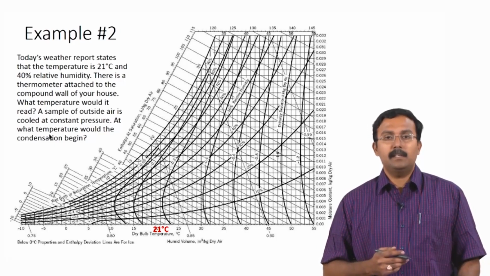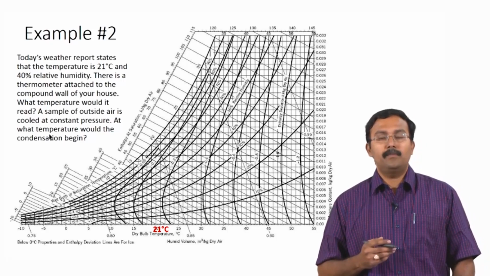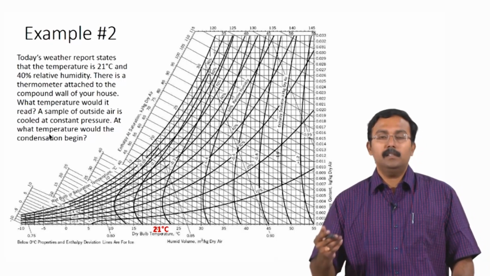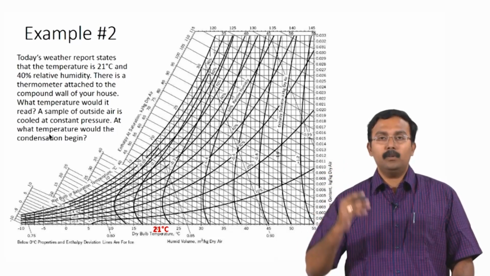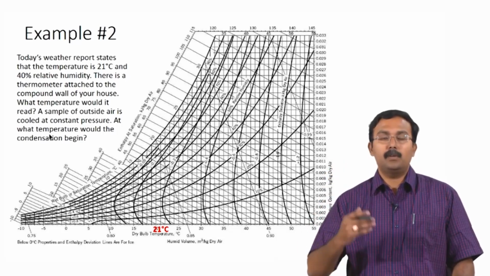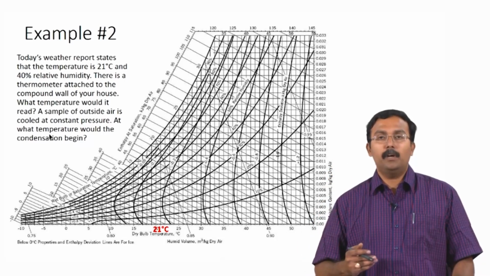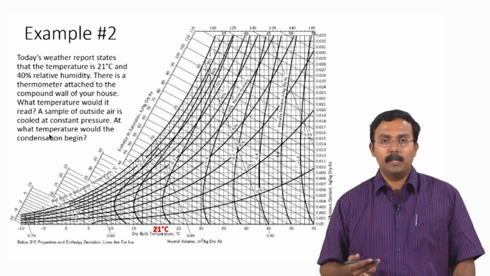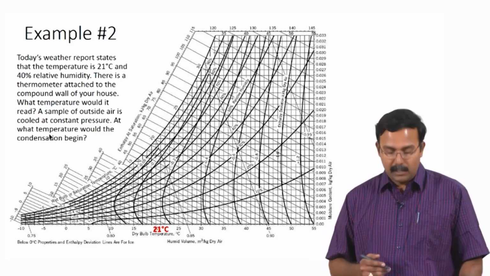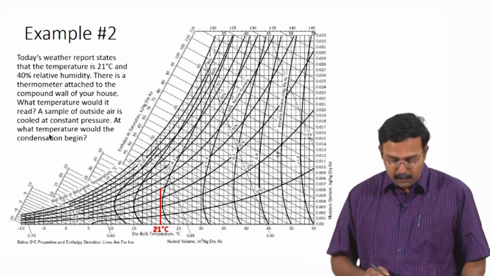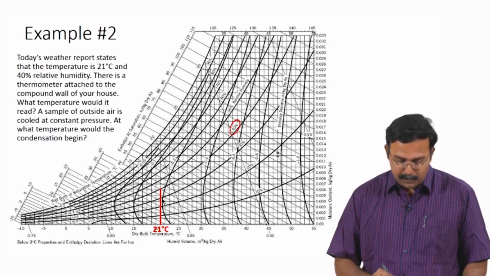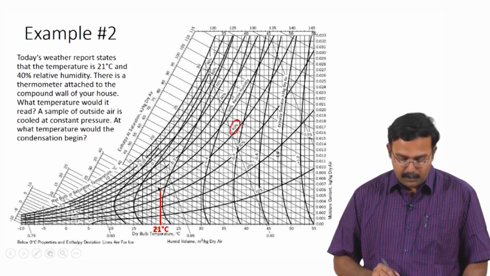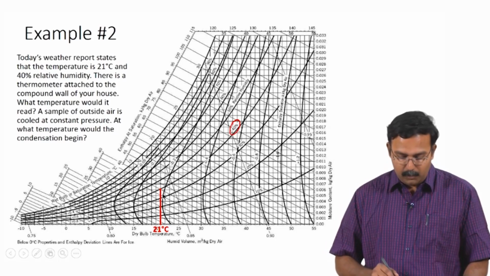The next aspect is we have been asked to identify at what point the condensation would begin if we were to cool this air. If I were to keep cooling this air, at what point will the first dew start forming? That would happen at the dew point. So, I know it is 21 degrees Celsius and 40% relative humidity. This is the 40% relative humidity curve. I have identified the point here and drawn a line to that point.